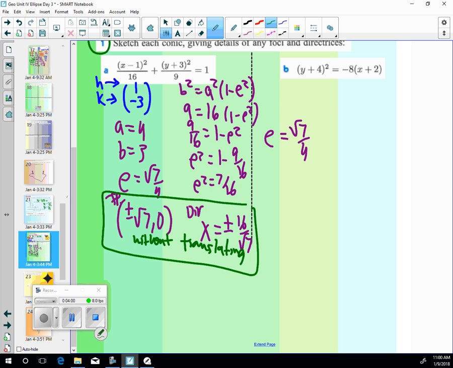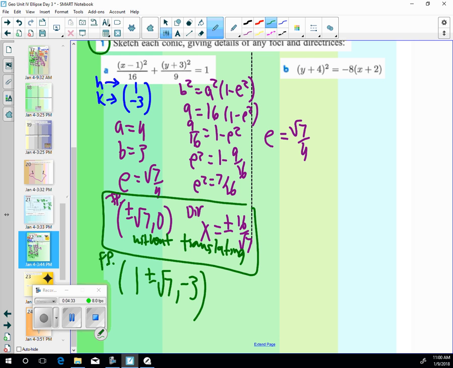So for the focal point, is it going to matter that it's moved to the right 1 and down 3? Yeah, all that's going to matter. So here's what we're going to do. For this one, to the right 1, we're just going to say the focal point is going to be 1 plus or minus the square root of 7, comma, and then it's going to be where?